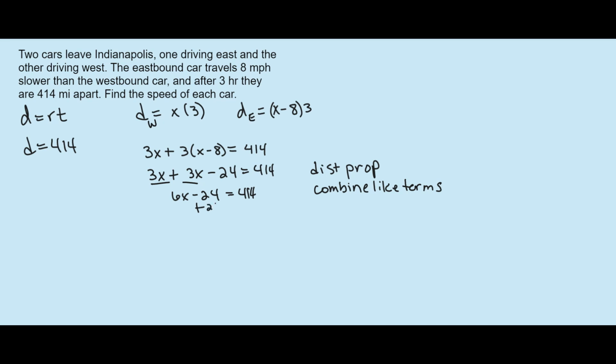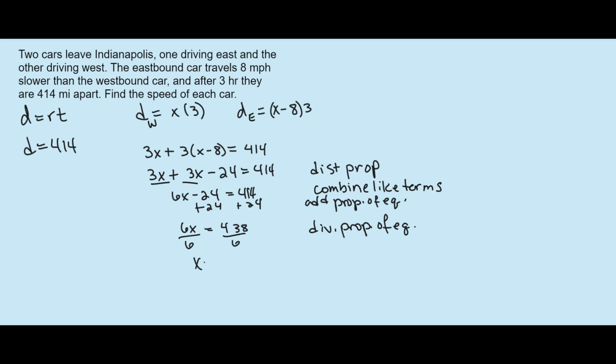Then I'm going to add 24 to both sides, addition property of equality. That's going to give me 6x equals 438. And then I'm going to divide this by 6, division property of equality.